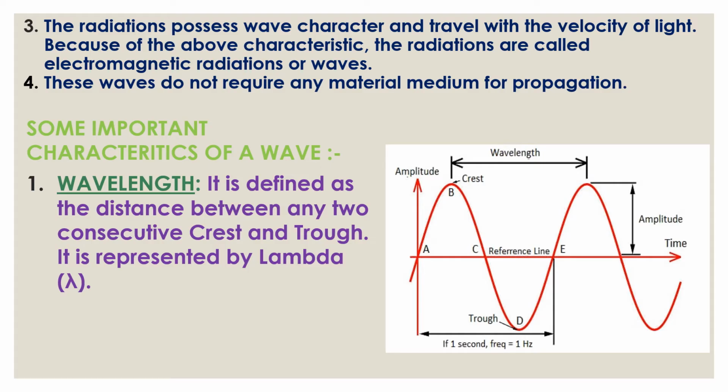The first one is wavelength. It is defined as the distance between any two consecutive crests or troughs. You can see wavelength being shown here. It is represented by the symbol lambda and is expressed in angstrom, meter, centimeter, nanometer or picometer as well.